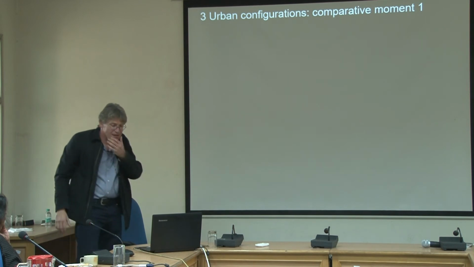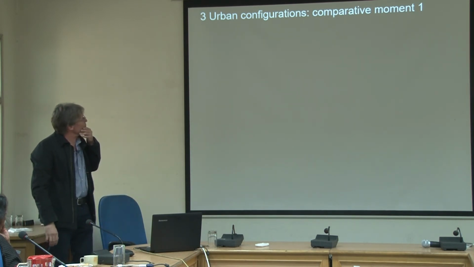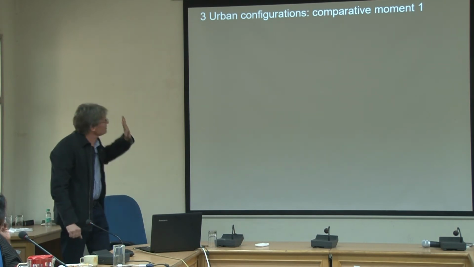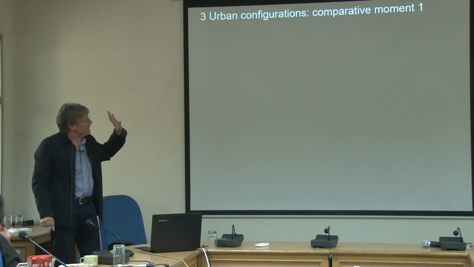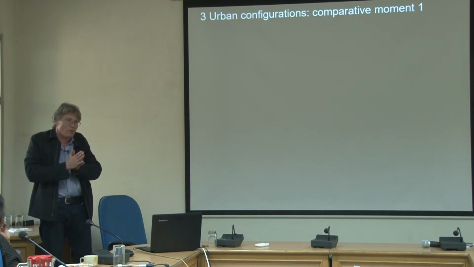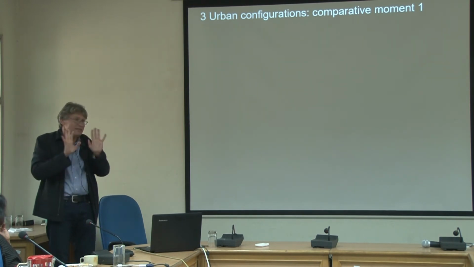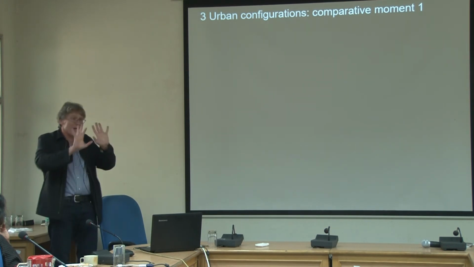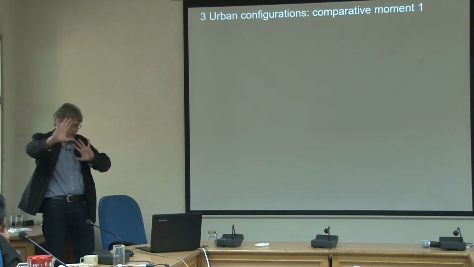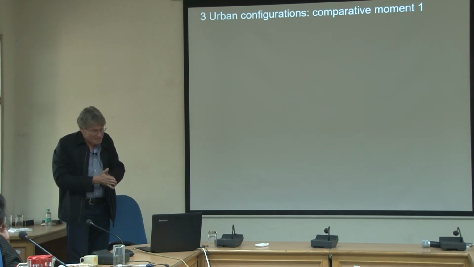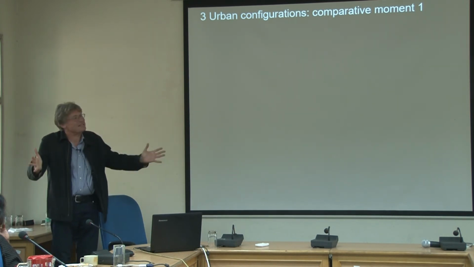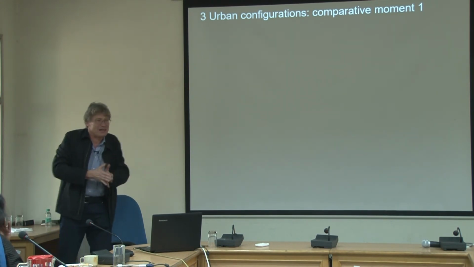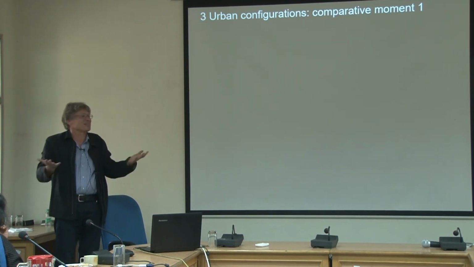That image has now disappeared, but it's not a big problem. In the next step comes the first comparative moment that each researcher makes. You produce a map that we call a map of urban configurations. To make it very simple, you have the territory, which could be a large one, and you get, let's say, 10 colors.